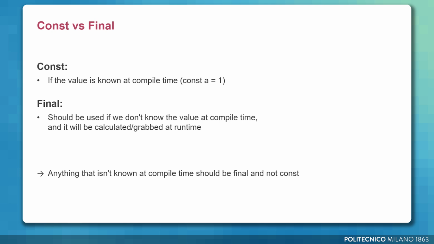On the other hand, sometimes you don't know a value until runtime, but once it's assigned, you want it to stay fixed. In this case, final is the right choice. For instance, if a user types in their name, you don't know what they will enter when writing the code.